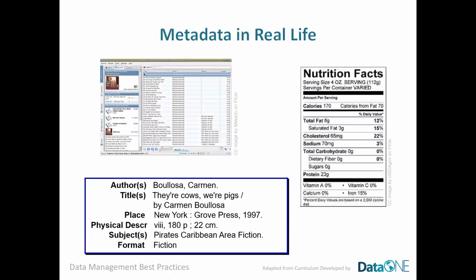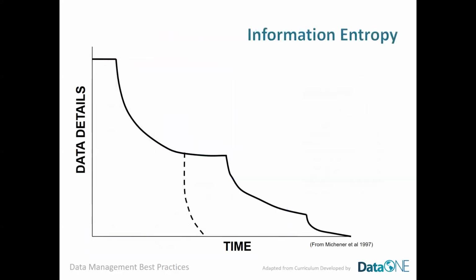So for your own data, you can also create your own metadata for your own works: title, your data creator, where, how, and when the data were created, and the subject or keyword to describe what the data are about.